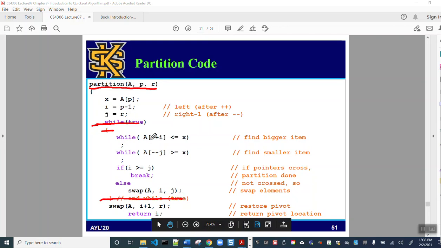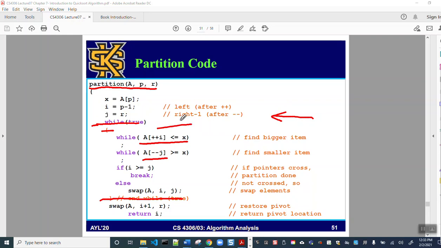Then what do we need to do? While A[i] is incrementing, less than or equal to x, where x is our pivot element, which we can take at the beginning or any position. Also, j will come from right to left, and i will go from left to right.